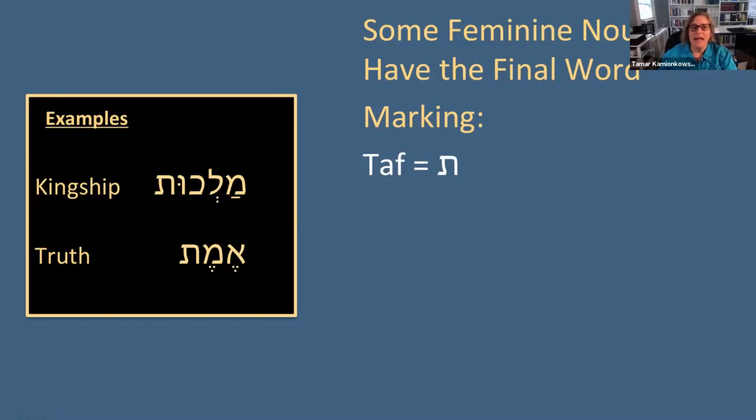There are a handful of words, really about 15 or so, that you would encounter with regularity in a prayer book that don't have any of these markers, and yet they are feminine.